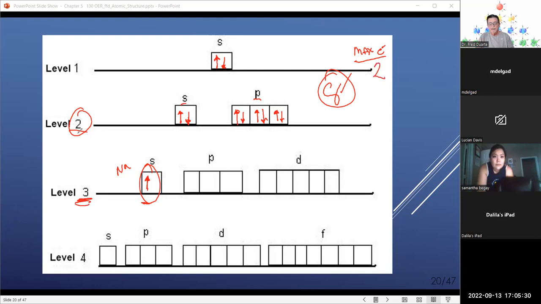Okay, for the second energy level, what is the maximum number of electrons you can put in the second energy level? 8, you got it. And finally, not finally, but the third energy level, what is the maximum number of electrons you can put there?